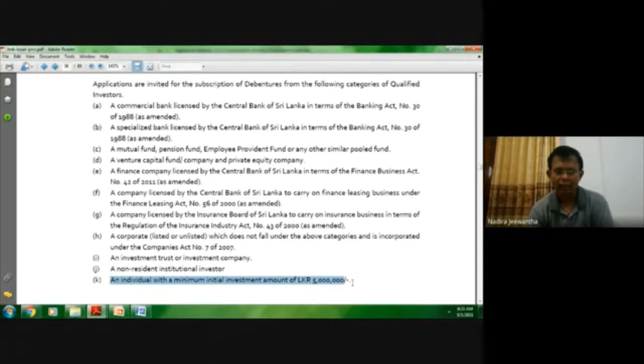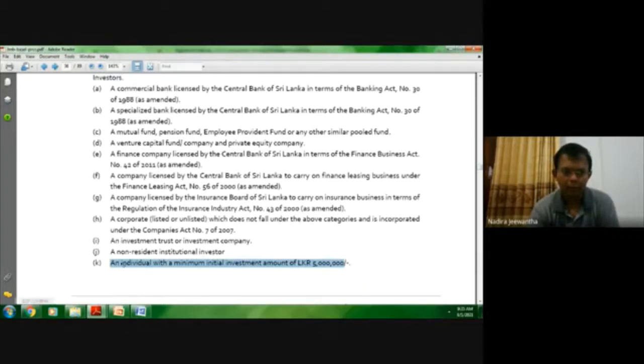they have also not mentioned the net worth value, right? Investment cost under the corporate. They are only giving any corporate which does not fall under the above category. Any company can.